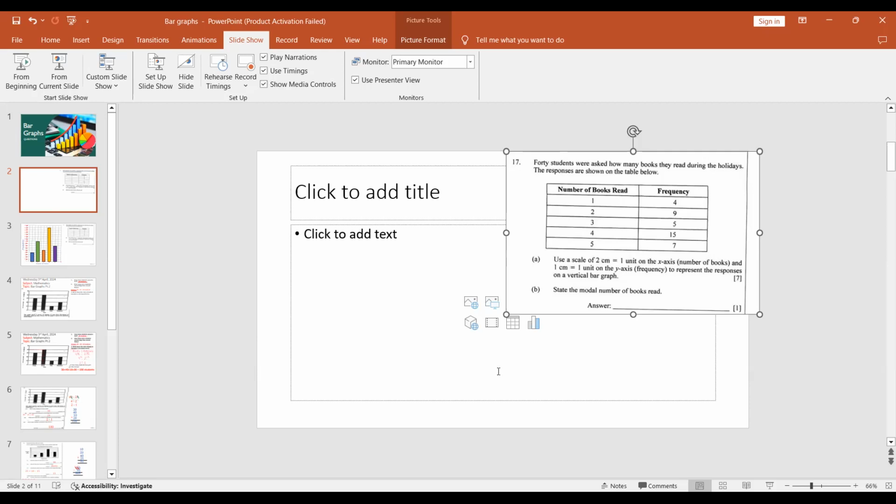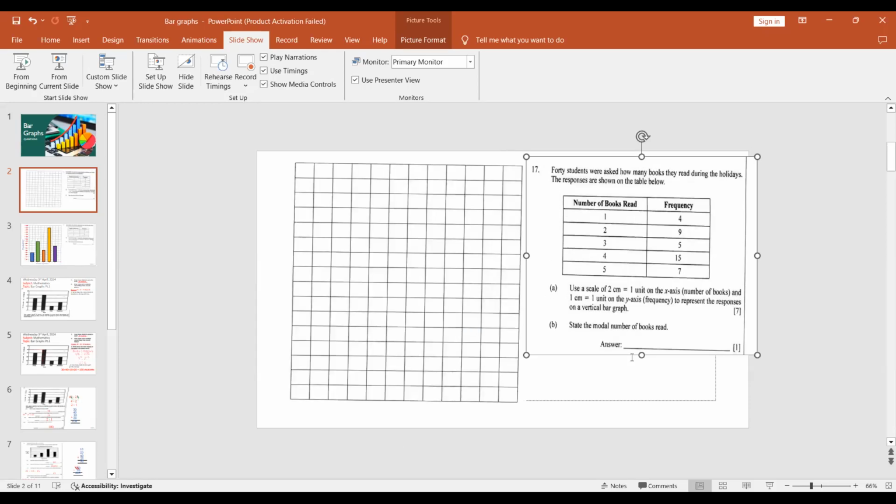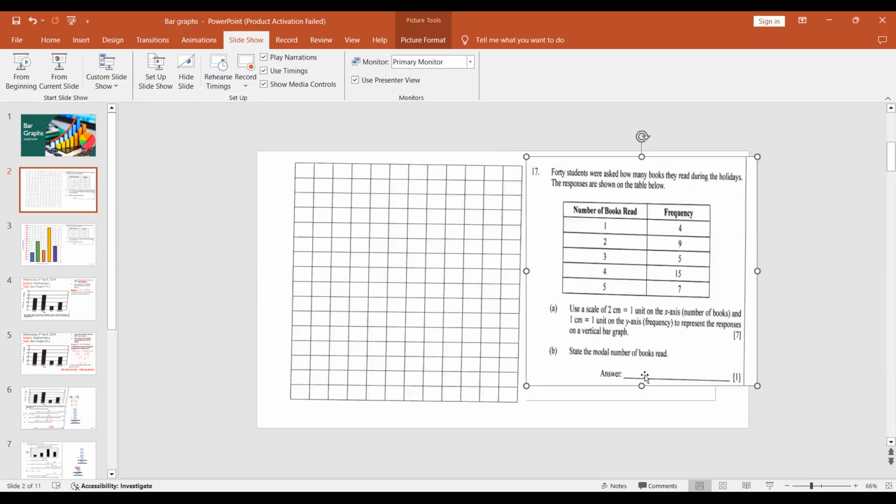So again, based on the chart, how many students read 1 book? 4 students, very good. How many students read 2 books? 9, very good.